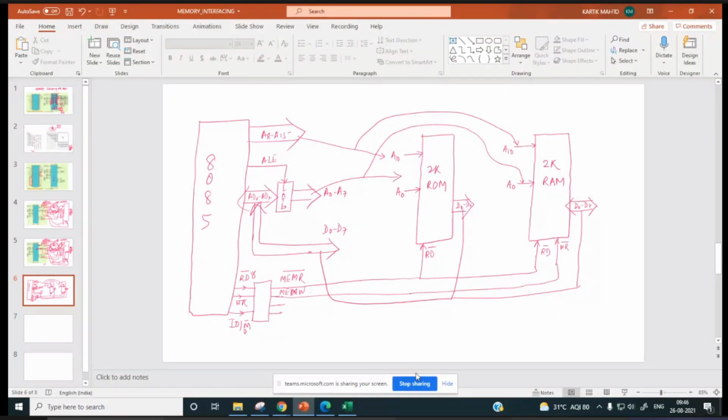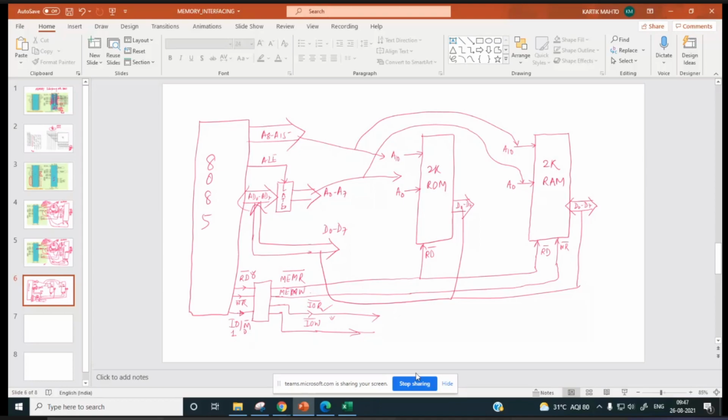Now it will generate IO read also, IOR and IOW. These pins will go to IO devices. When the processor wants to read data from, say, an IO device, first of all it will send the address, then IOM bar pin will be 1, so it will generate this signal.